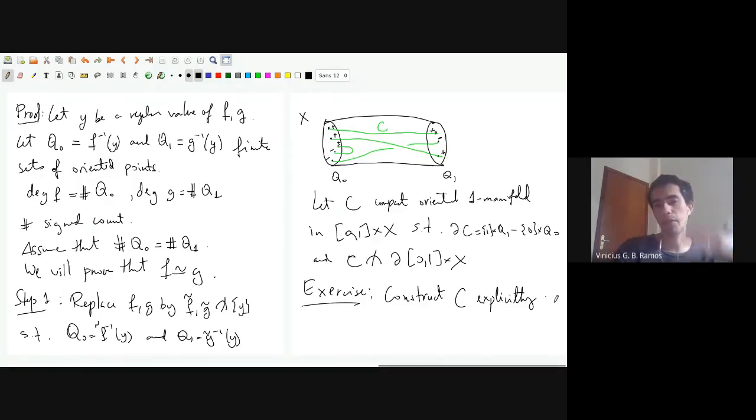And that homotopy will give rise to a 1 manifold in the product with [0, 1]. And you just have to be a little careful with the points that are left. You could have either points on Q0 or points on Q1 that are left, but they have to come with canceling signs.